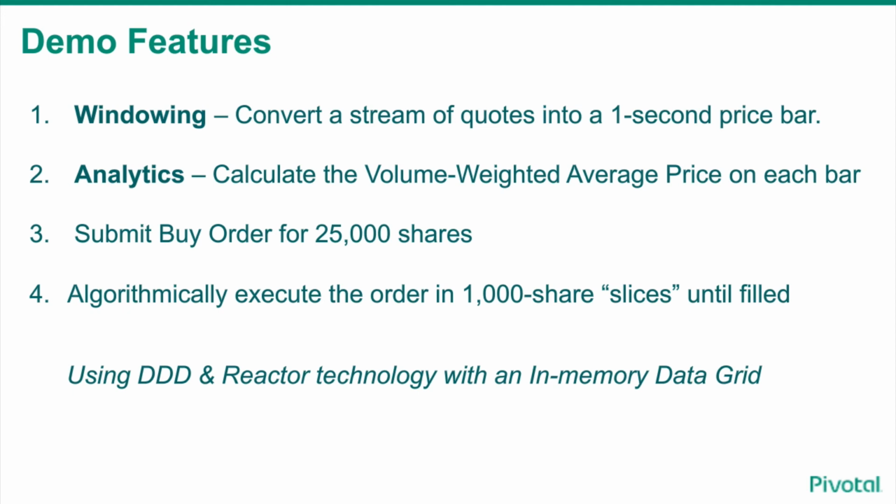So for a total of 25 mini orders, all being submitted to the market. This is normal every day in Wall Street trading, all using domain-driven design and Reactor technology with an in-memory data grid.